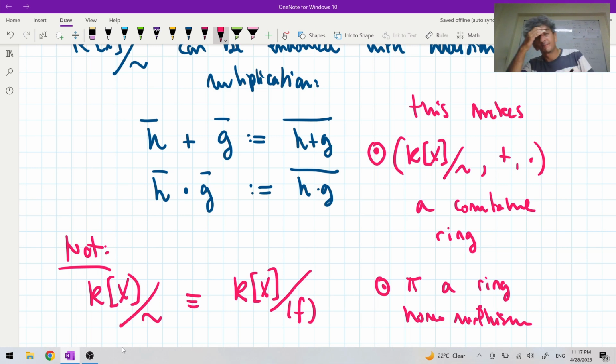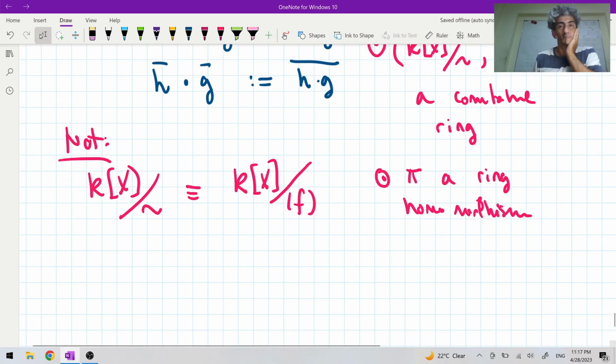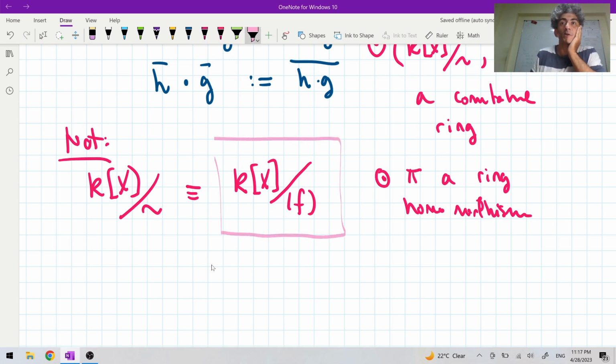So we have this new ring, a new commutative ring that we have built out of f and out of the polynomial ring K[x]. Now we're going to show that this contains a copy of K, and that it has a root for f.